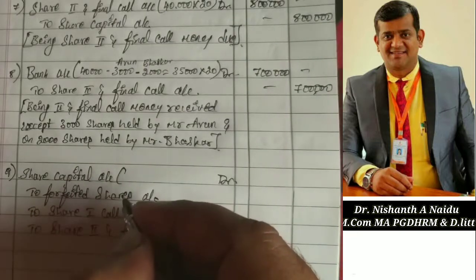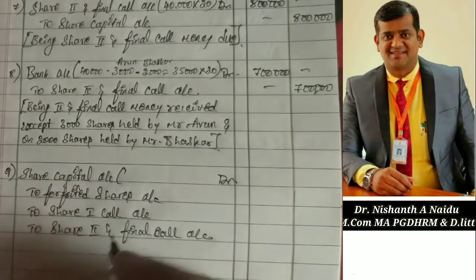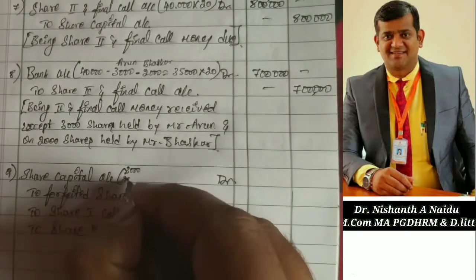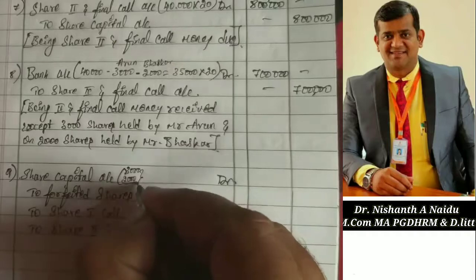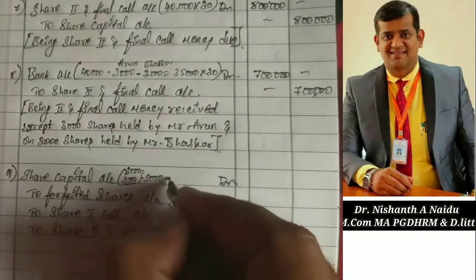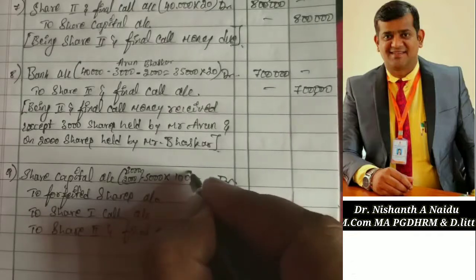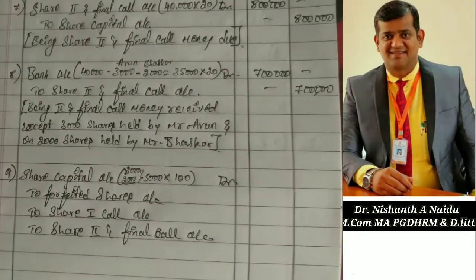So total number of shares forfeited, how many? That is 3,000 shares held by Mr. Arun, 2,000 shares held by Mr. Bhaskar, put together 5,000 shares. What is the face value of the share? Each share value is 100 rupees. So 5,000 into 100, that is 5 lakh rupees. Correct?